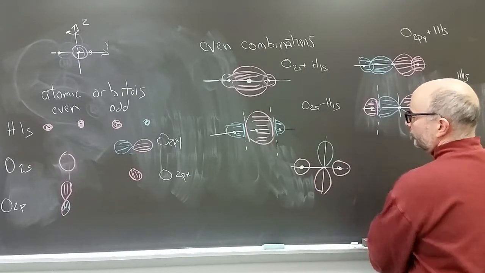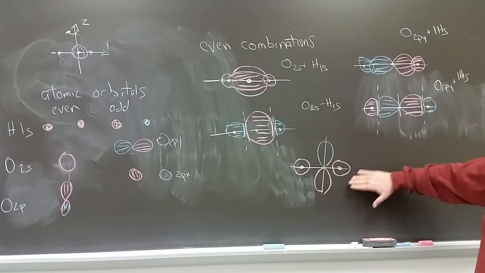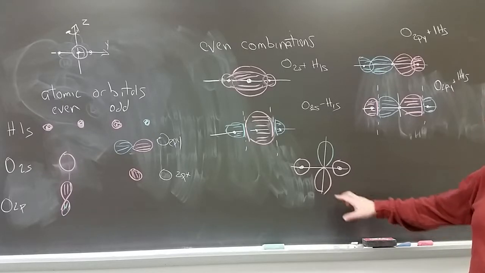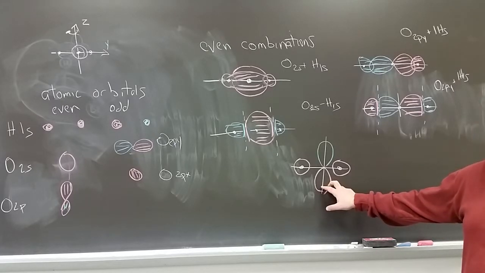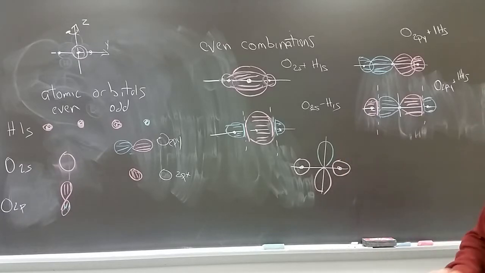Now in the bent geometry, these hydrogen orbitals are a little off-center. They're not right on the y-axis. They're actually down here. So they'll either constructively add with this or destructively add depending on the sign or the way that that p orbital is.